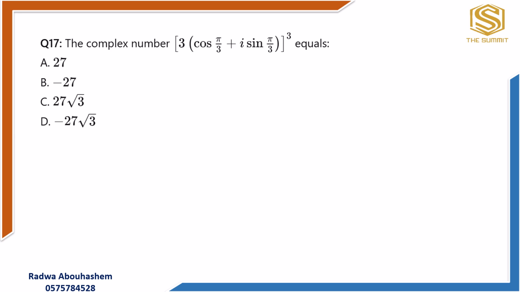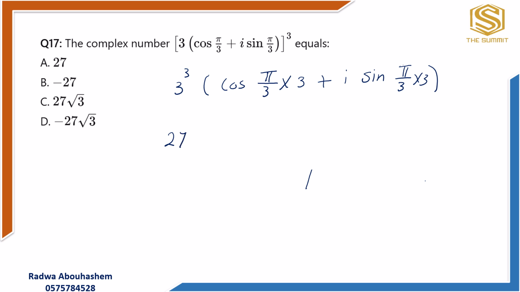Question 17, he made it easy for you. He gave it to you in the polar form, and he's asking you just to apply De Moivre's theorem. So let's apply it. So it would be 3 to the power 3, cosine of pi over 3 times 3 plus i sine of pi over 3 times 3.